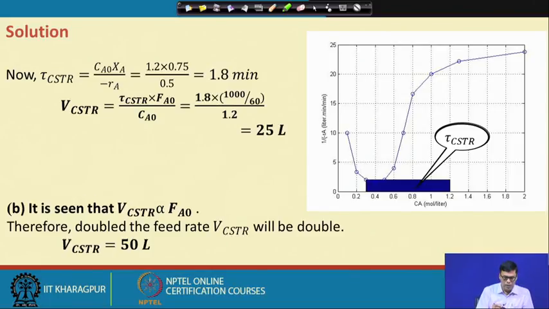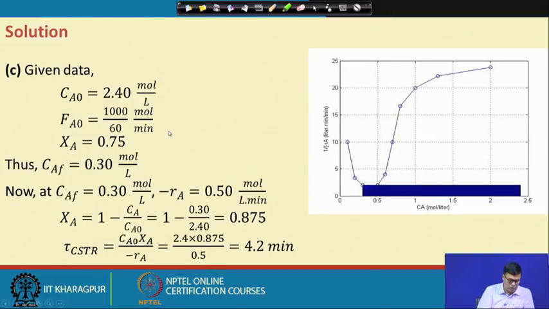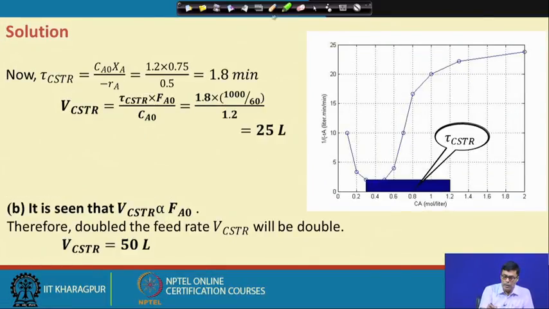Looking at the volume of the reactor in this problem, you can see it is proportional to this. If you keep the others constant and make it double, then naturally the volume will be double. Since volume is proportional to this, if the feed rate is double, then the volume will also be double. That is what we expect.